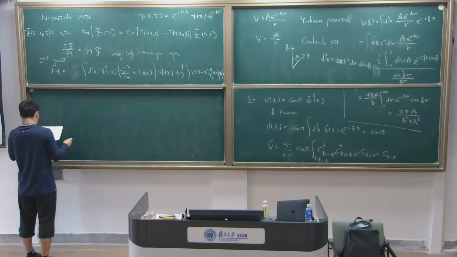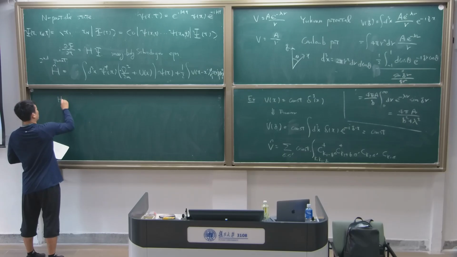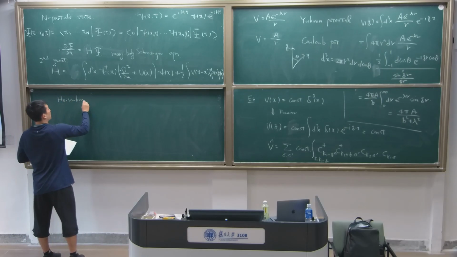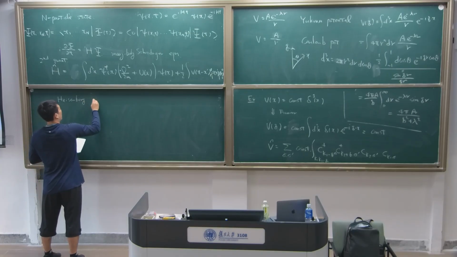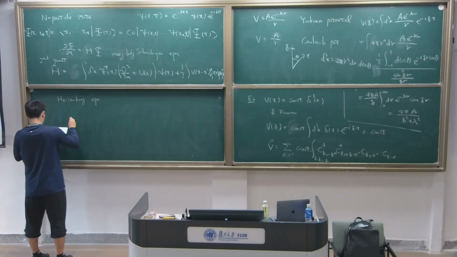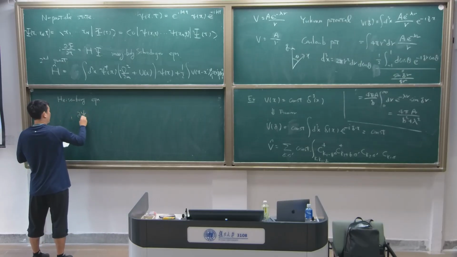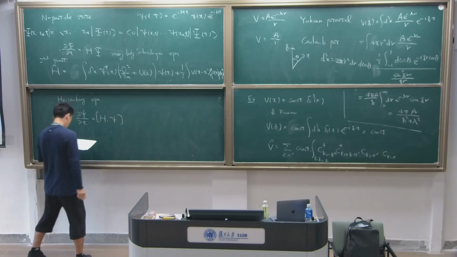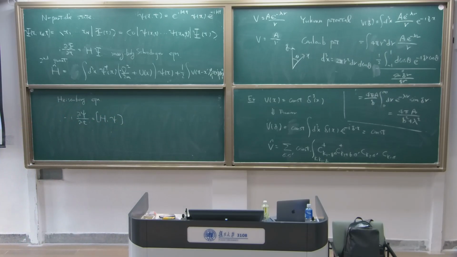So the equation in the Heisenberg picture is given by i times del psi del t is equal to the commutator of H with psi. That's the Heisenberg equation.